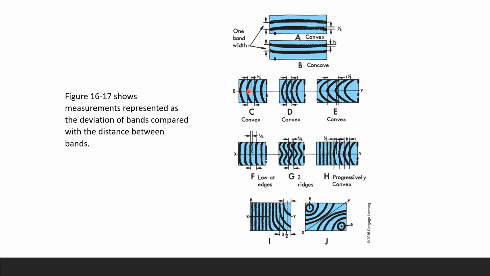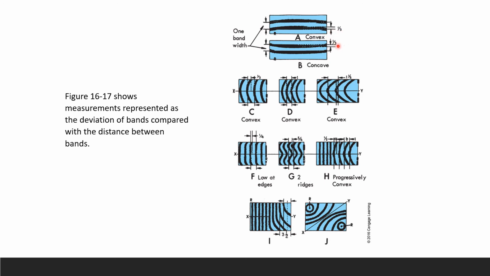So here we have your convex. So that's your physics mirror. Surfaces, we have different mirrors. You have flat mirror, you have convex mirror, and you have concave mirror. So here one band width is this much. So see this little arrow, that's our distance. And here a little arrow, that's 1/3.